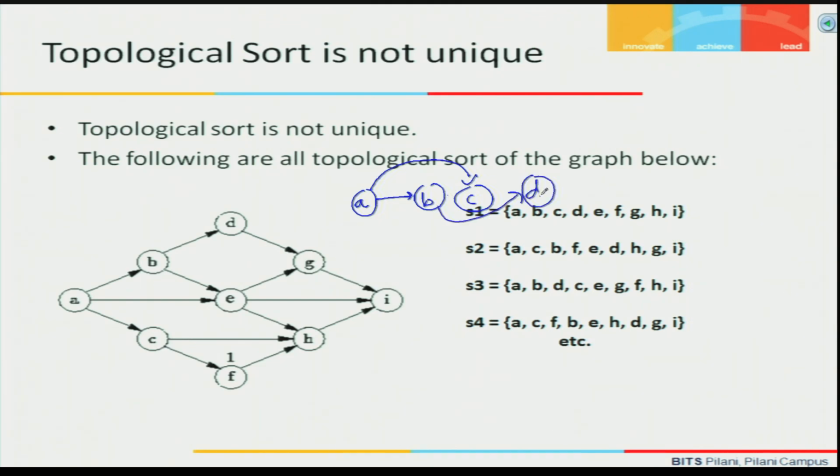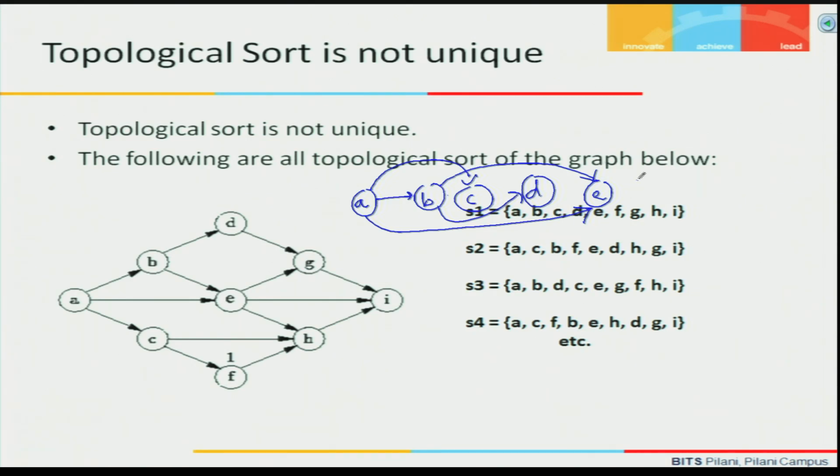Then you have E, you can reach it via B or via A. And so forth, E, then you can draw F, G, H, I.